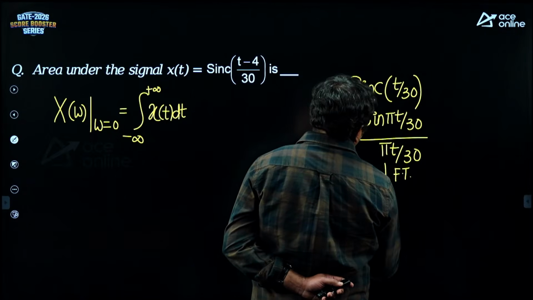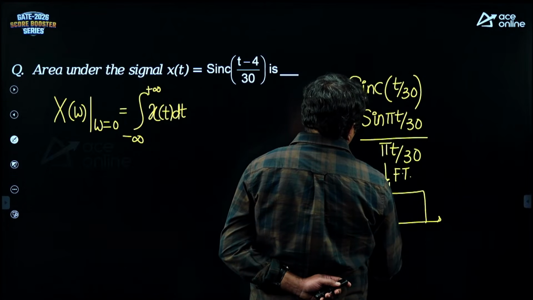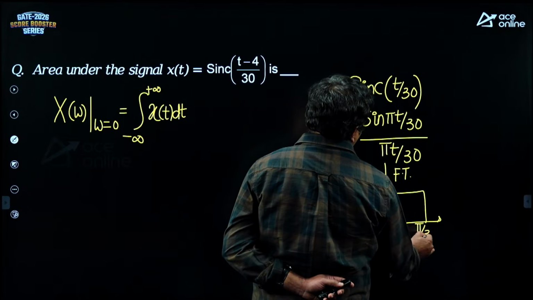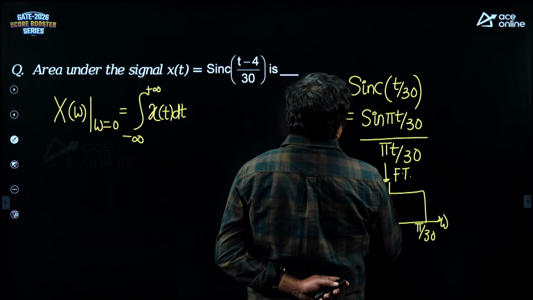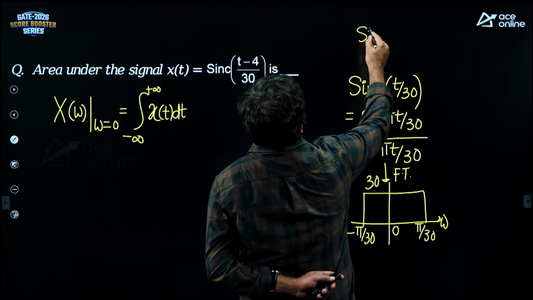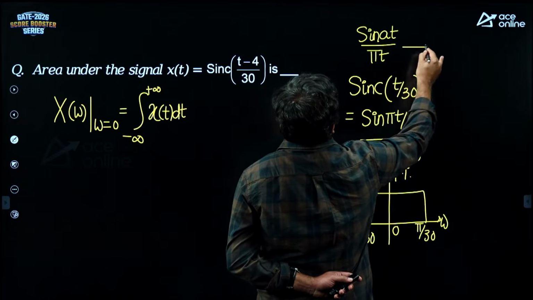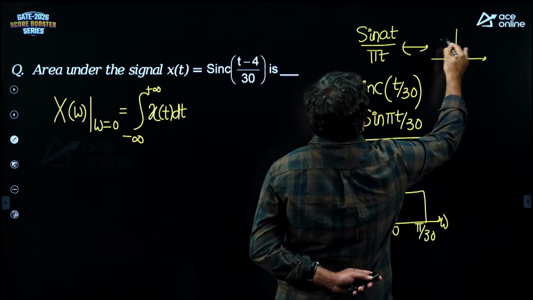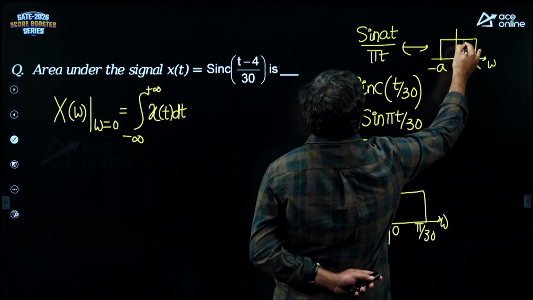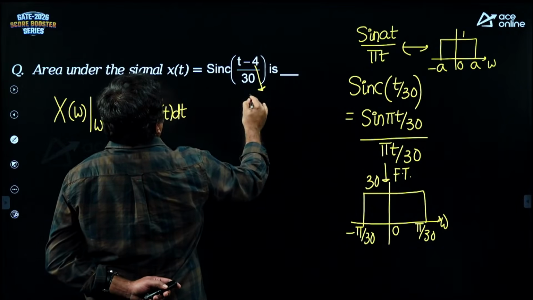What is the spectrum? A rectangle from minus pi by 30 to pi by 30, with an amplitude of 30. Here we have a shift of 4 units.